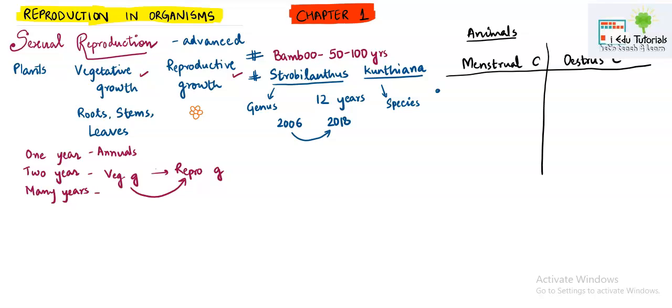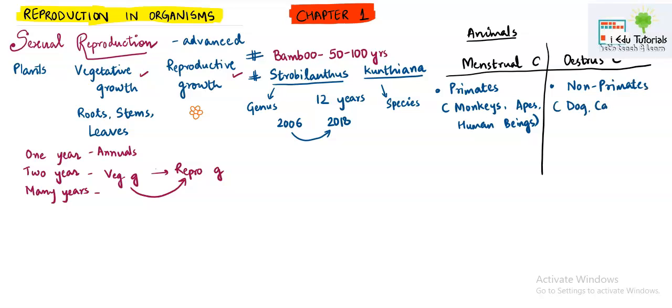You can write that the menstrual cycle occurs in the primates. Primates include human beings and derivatives like monkeys and apes. Whereas the oestrus cycle occurs in the non-primates, like dog, cat, sheep, etc.